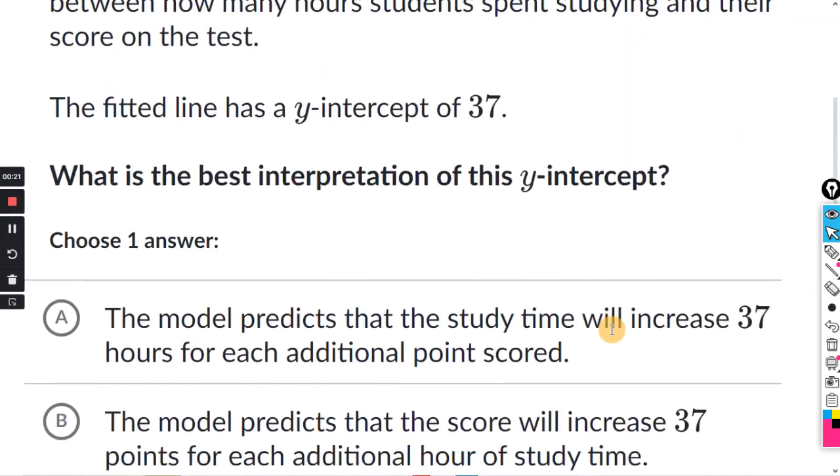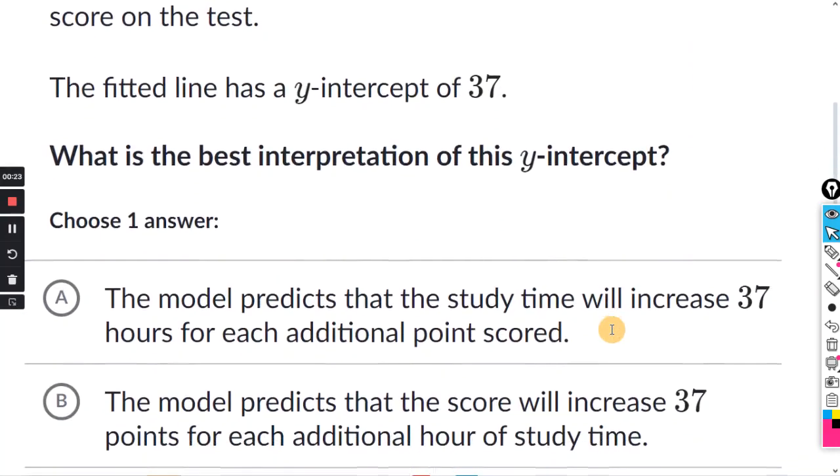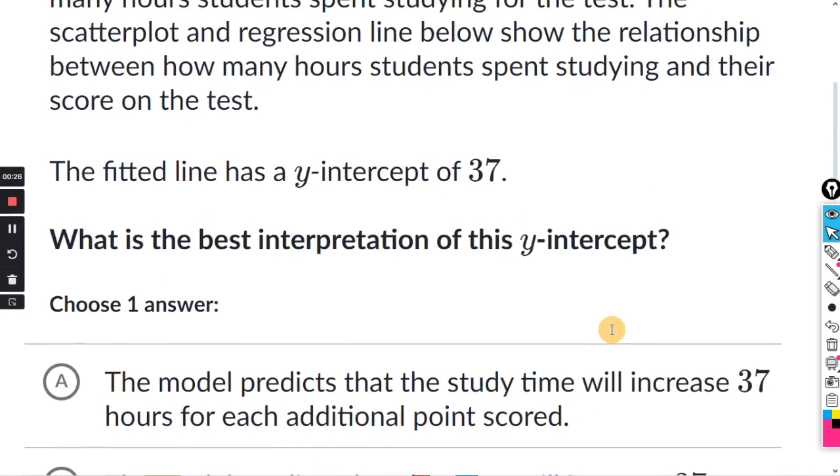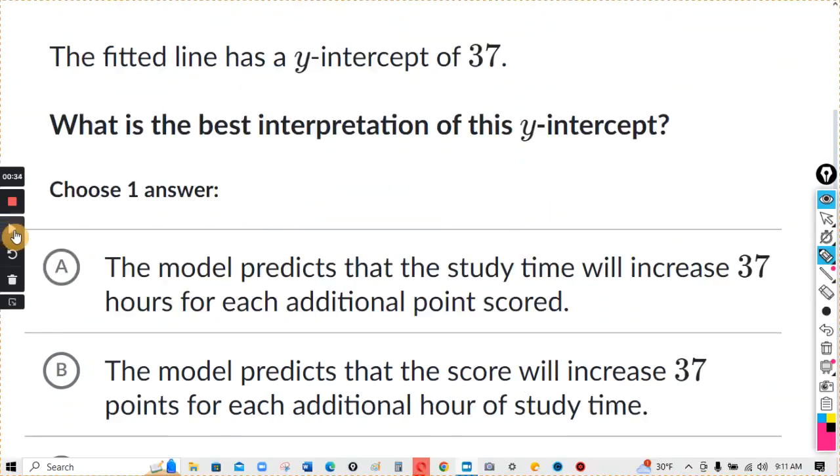Just so you know, the y-intercept is where the line crosses the y-axis. And since the y-intercept is where the line crosses the y-axis, at the y-intercept it's always going to be x equals 0.